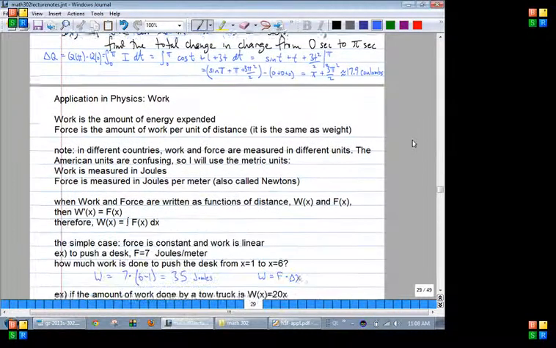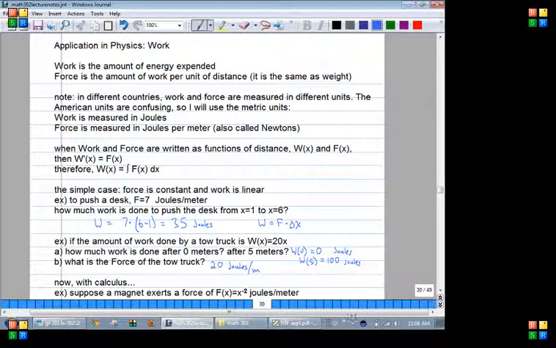And now we've talked about work. So in the situation of work, there are two things that we measure. One thing is work, which can be measured in energy or joules. And the other thing is the force, which is basically work per distance. So in the sense of joules per distance, force is the derivative of work.